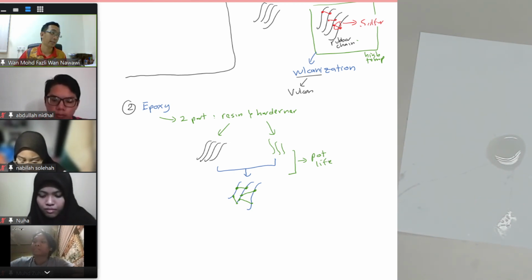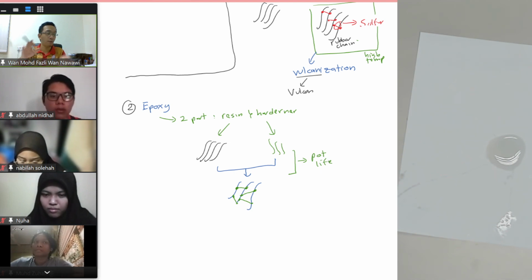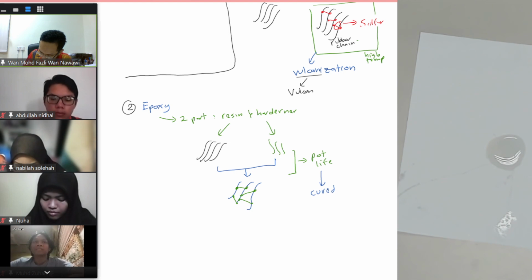This one is fast setting, and they say it hardens in 5 minutes, so the pot life is around 3 to 4 minutes, and after 5 minutes it will harden. When it's hardened, we call it cured.